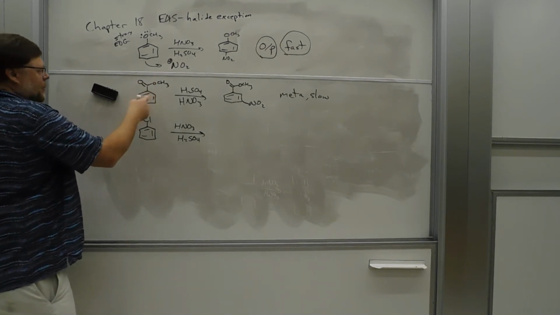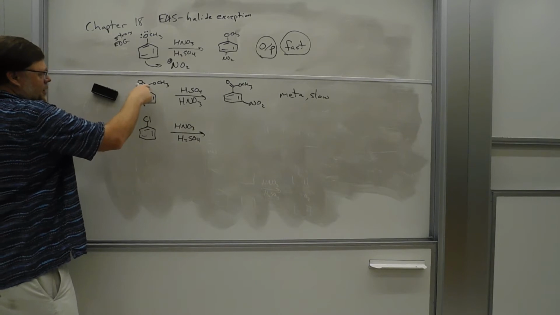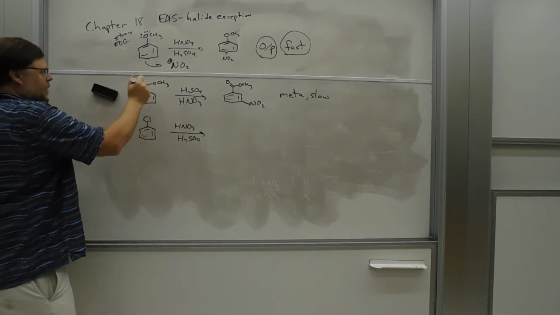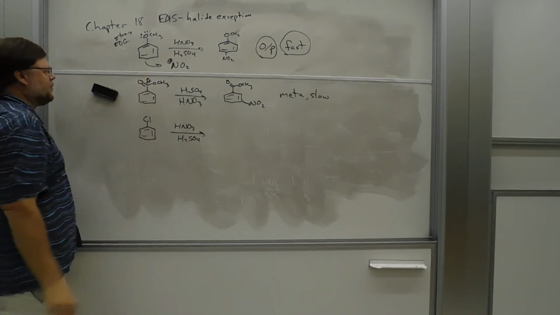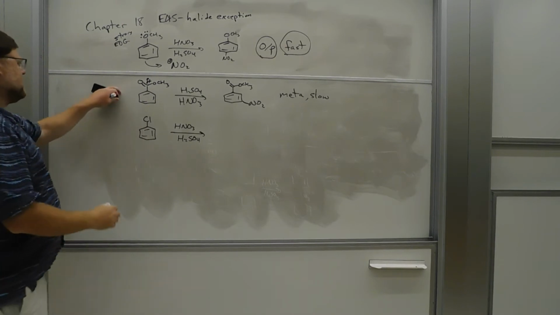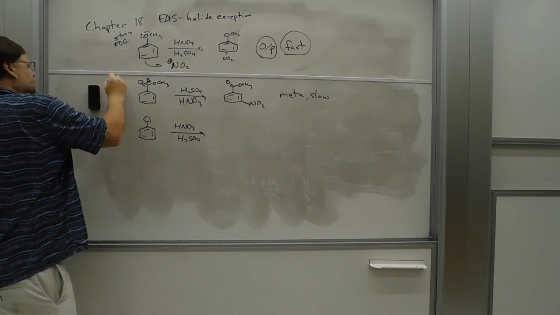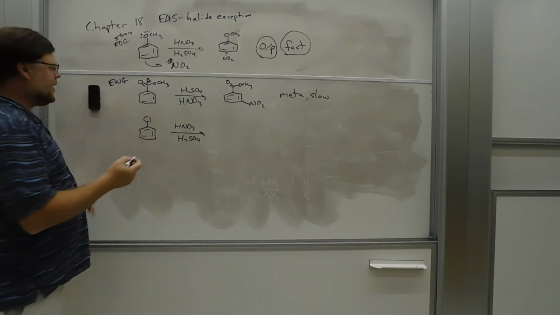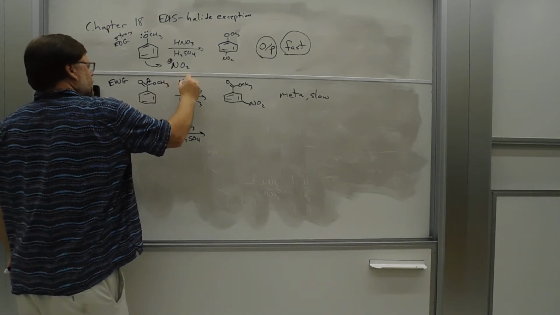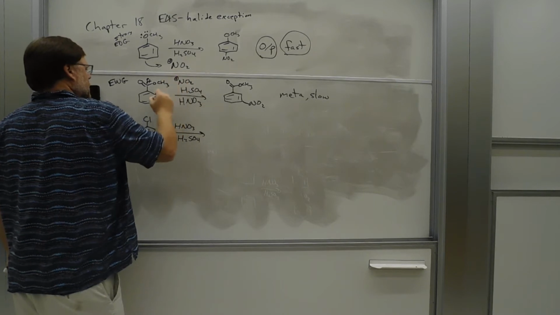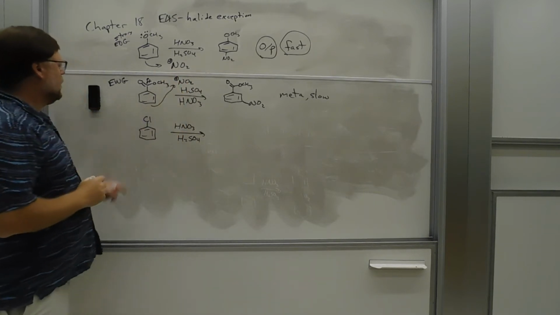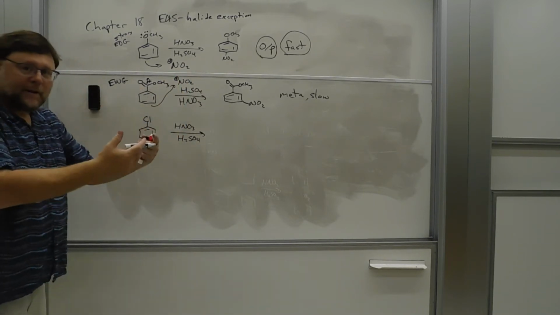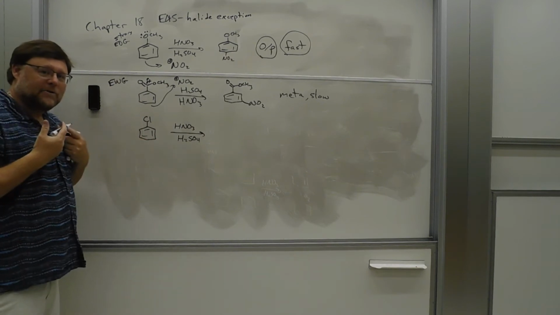If you have methyl benzoate, so this is an ester, that carbonyl, the carbon that's bonded to the pi system is partial positive. So this is an electron withdrawing group. Right? Again, the benzene is reacting with NO2 plus. But the electron withdrawing group's pulling electrons out of the benzene.